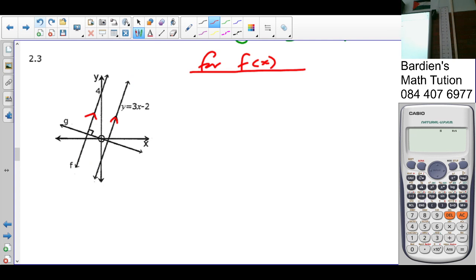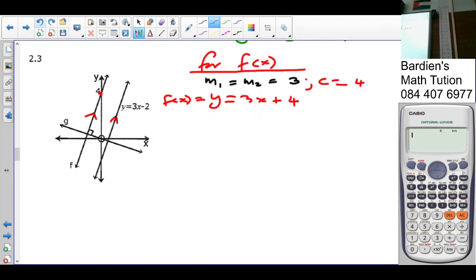So we know that the gradient of the first line is equal to the gradient of the second line, which is equal to 3. So your f of x now reads, and you've got the c value of 4. Why? Because that's your y-intercept. So y is equal to 3x plus 4, and that is the equation of f of x. That line called f. Okay?